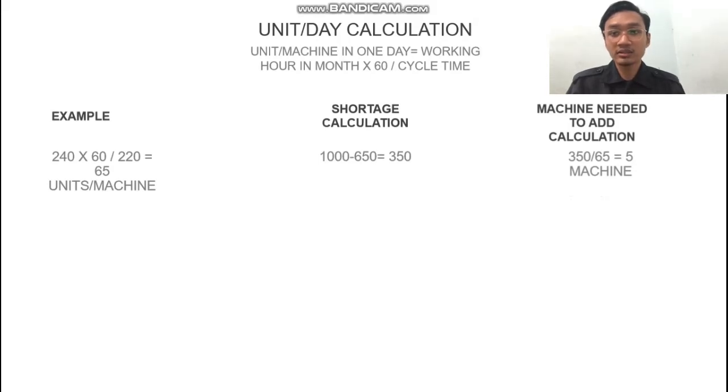So 1,000 minus 650 equals 350. And lastly, the machine needed to add calculation is 350, which we get from shortage, divided by unit per machine. We get 5 machines we need. So that's all for my presentation.